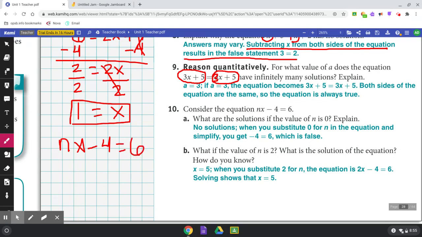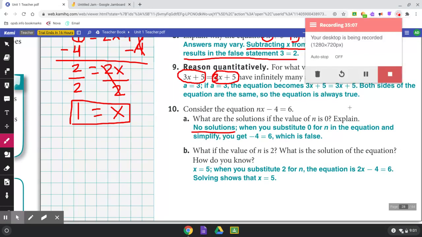If I change the value of n to 0, that would be 0x, which means negative 4 equals 6. So now my expression simplifies to negative 4 equals 6. Well, if I do that, there's no solution. When you substitute 0 for n in the equation and simplify, you get negative 4 equals 6, which is false.